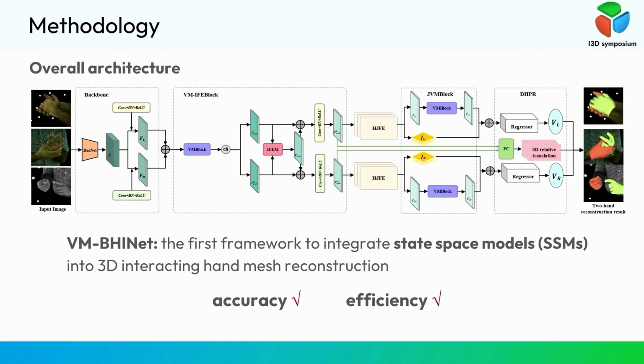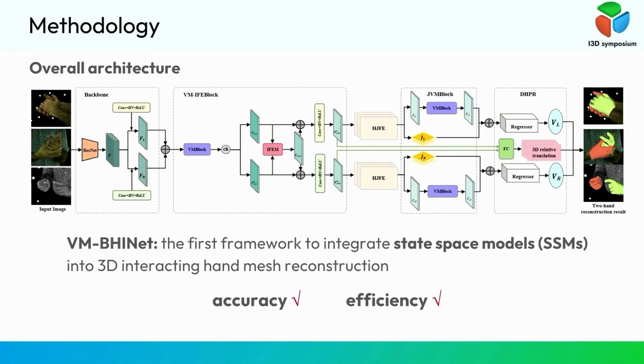Now, let's take a closer look at the methodology behind our approach. We introduce VMBHINet, the Vision Mamba bimanual hand interaction network, the first framework to integrate state space models into 3D interacting hand mesh reconstruction. This design significantly boosts both accuracy and efficiency.